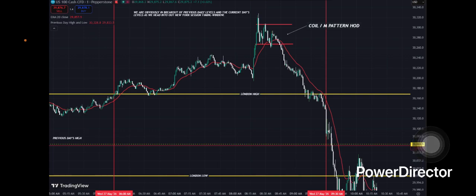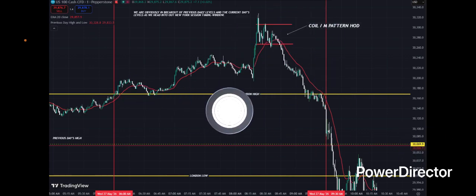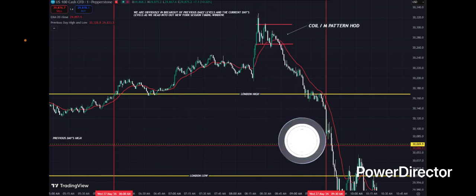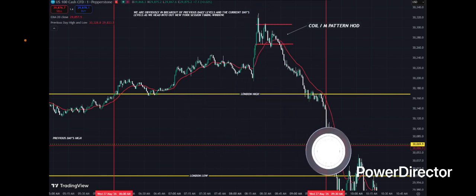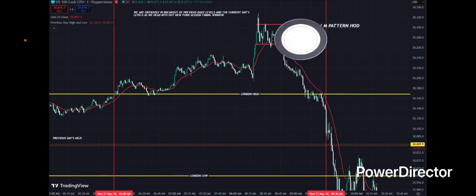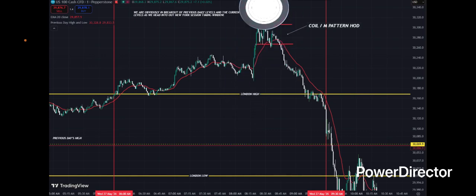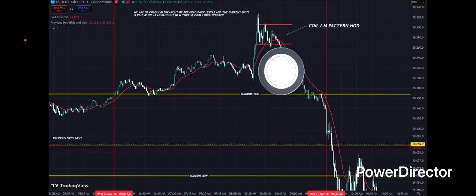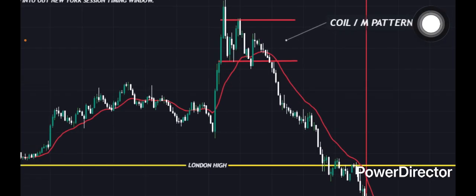So when we get up here, we've traded out of the London highs. Even though we're not at 9:30, we are still past 8 o'clock. So we pump up into the high of the current day, putting in a new high of the day level up here, and then we coil sideways and dump. Let's zoom in here.